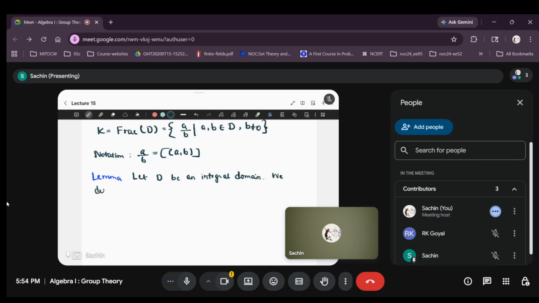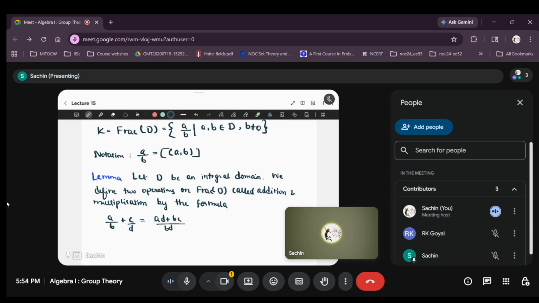We define two operations on Frac D, called addition and multiplication, by the formula: A by B plus C by D is AD plus BC by BD, and A by B into C by D is AC by BD.